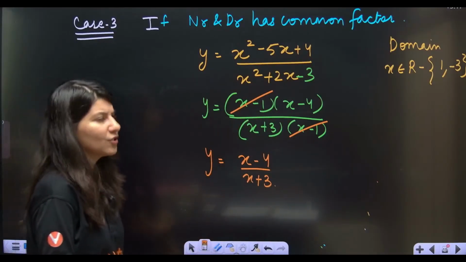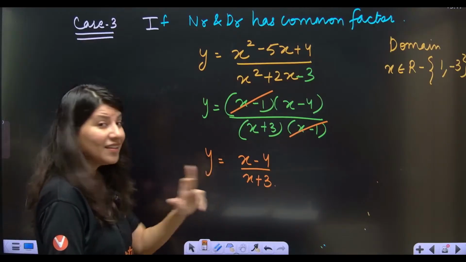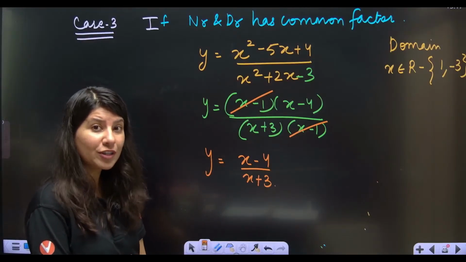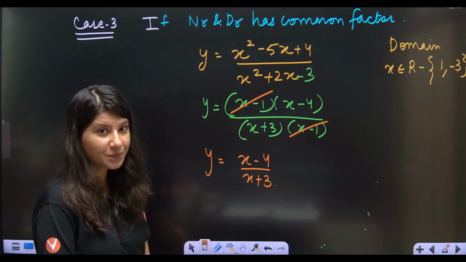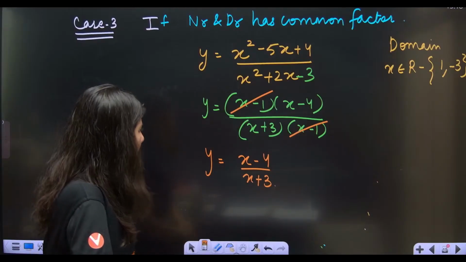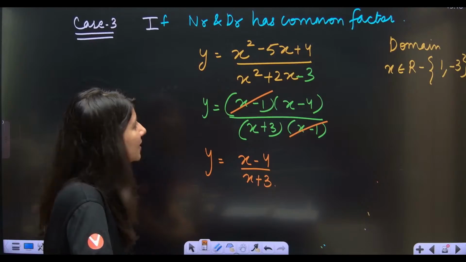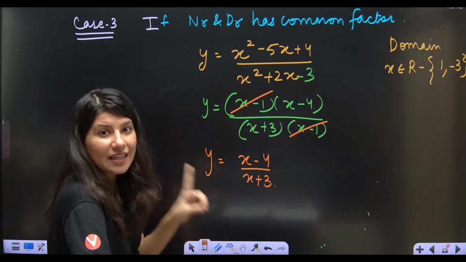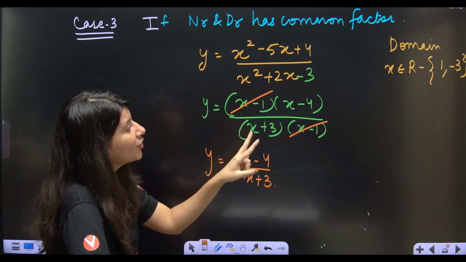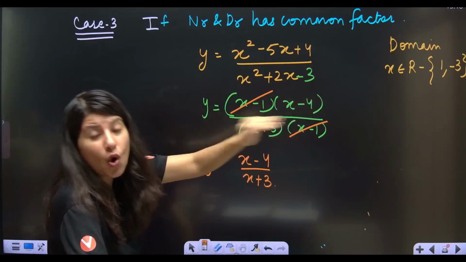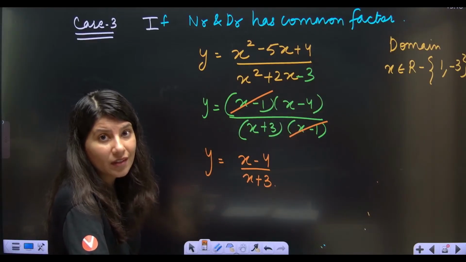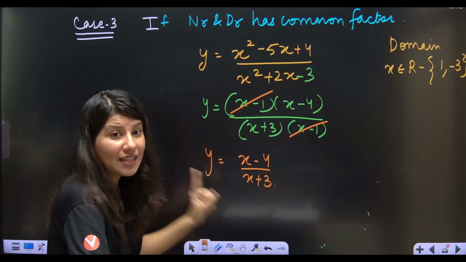What about range? See, linear by linear, remember the ninja technique I have already told you. I'll tell you one more technique. Because in the domain, you have clearly mentioned that 2 values are not there, 1 you can't keep in the domain.